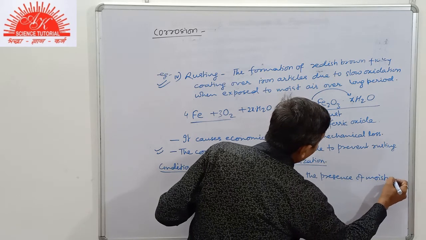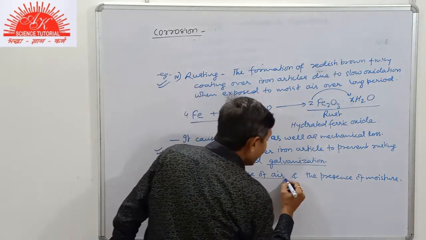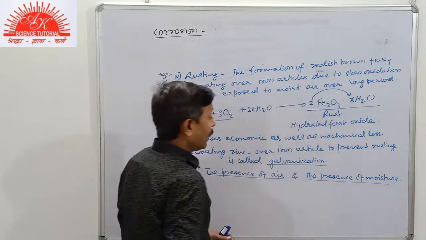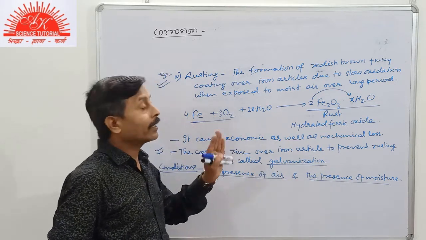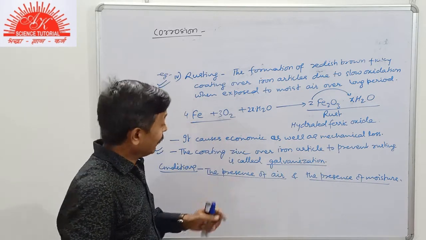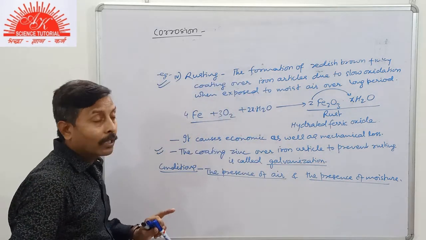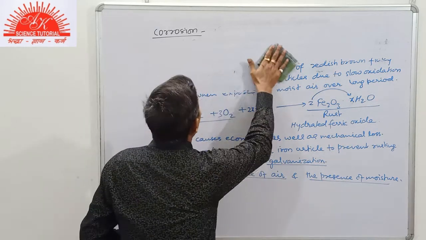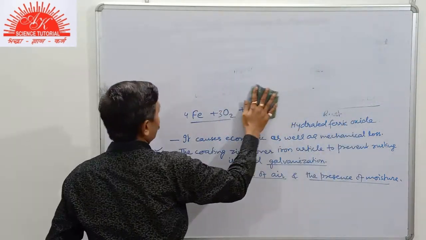If any one of them is missing, suppose the air is dry or there is only water with no air dissolved in it, like boiled water, then the rusting will not take place. Clear, student? So this is about the corrosion of metal, or simply corrosion.